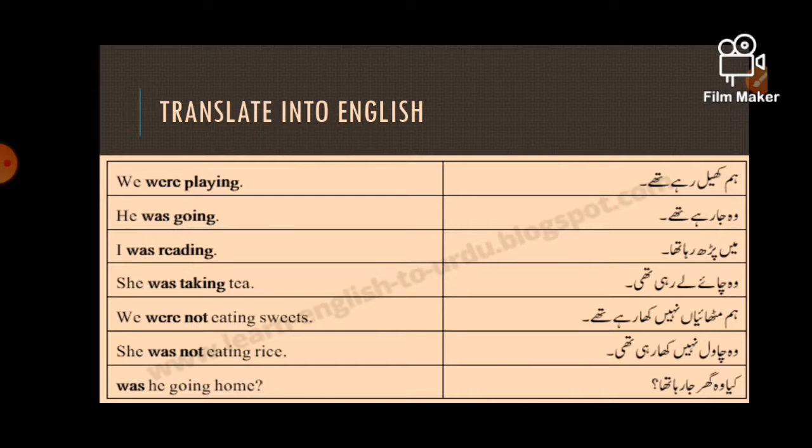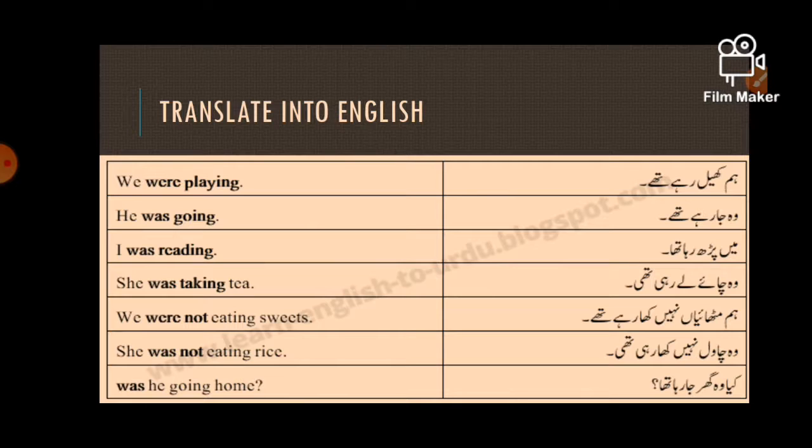In present continuous, in past continuous, and in future continuous. That means if we are using going, means V1 ing, that is going, we can use it in present continuous, going, we will use it in past continuous, going, and similarly in future continuous, going. But the auxiliary verb will be changed.